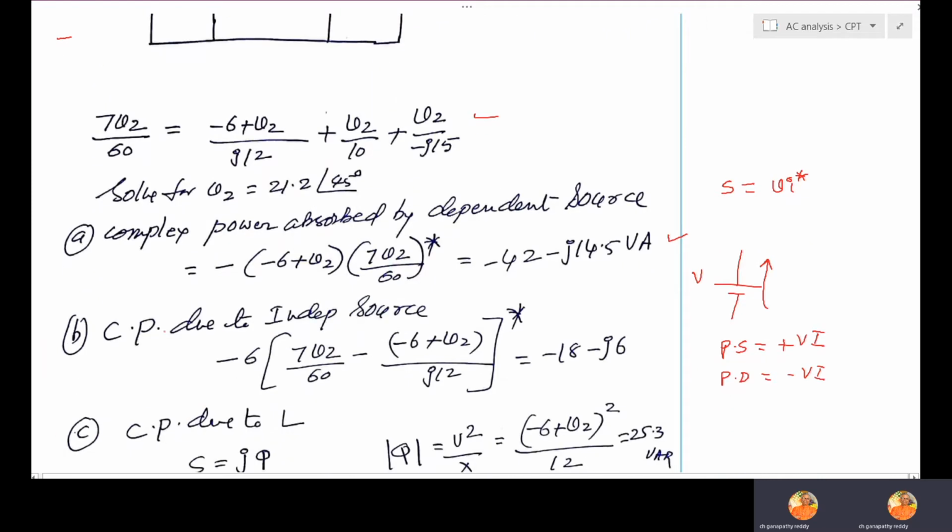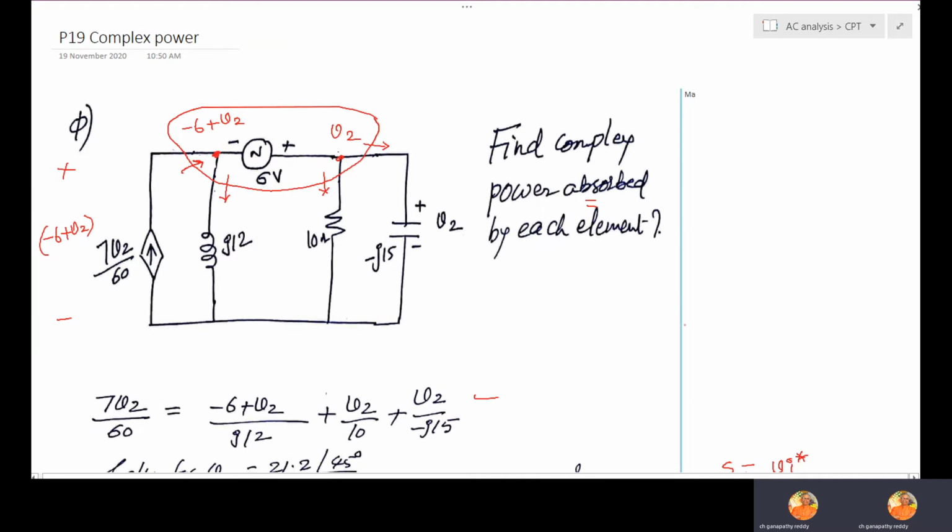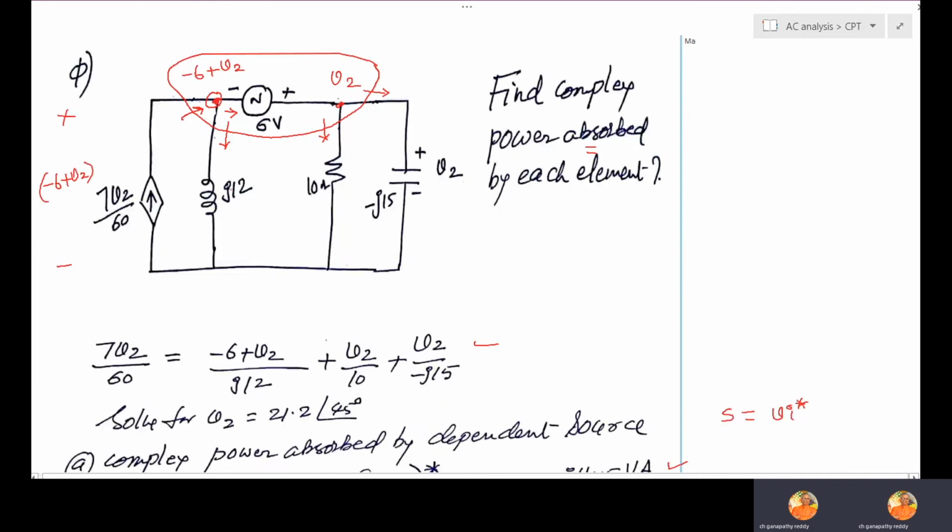Then complex power due to the independent source. Now you need to find this current. How to find this current? You can write a nodal equation here. We know this, we can find this. This is nothing but this minus this.